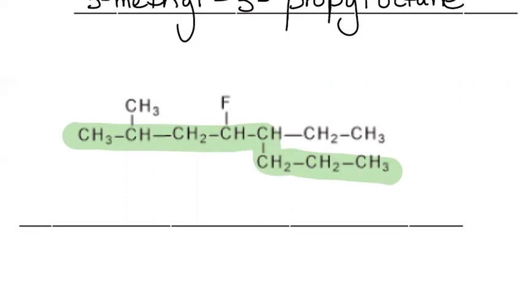So when I number this, I'm going to say 1, 2, 3, 4, 5, 6, 7, 8. So what is the name of my parent chain, you guys? Great, octane. I have 3 substituents. Which one comes first alphabetically? Not fluoro. Great job. The ethyl group. And I give the location of my ethyl group. At carbon 5, I have my ethyl group.